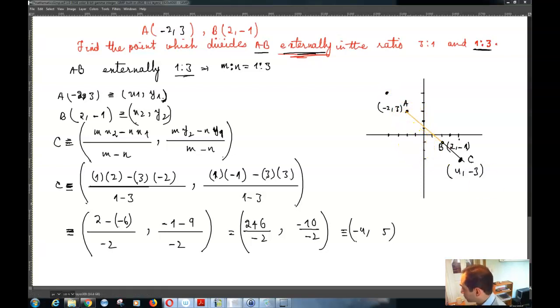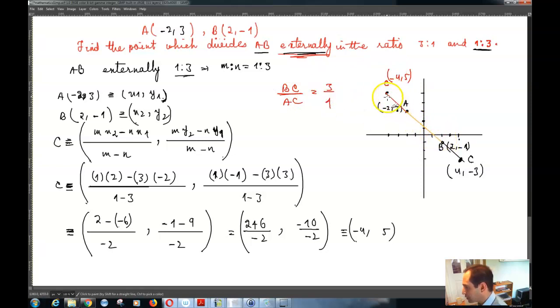And if I connect these points over here, as you can see, if I take this point as C, negative 4 comma 5, what that means is that BC to AC is equal to basically 3 to 1.